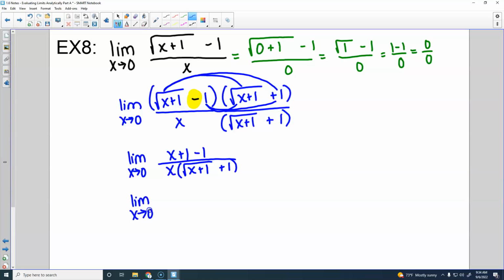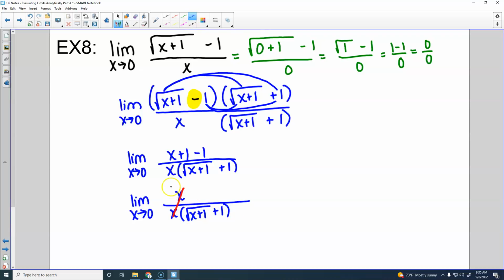Those cancel, correct? So that's just going to give us x over x times square root of x plus 1 plus 1. And then what's going to happen? The x's cancel right here. Make sure that you keep that expression in the denominator.